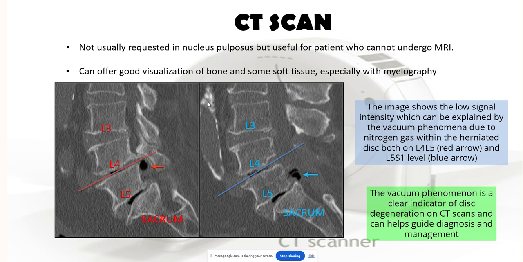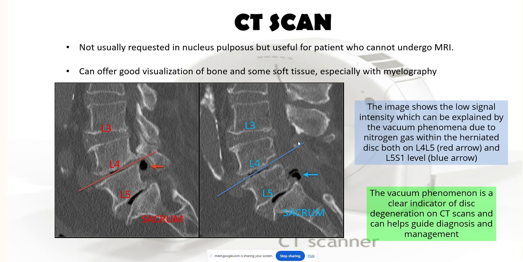For CT scan, it is not usually requested in viewing nucleus pulposus, but useful for patients who cannot undergo MRI. It can offer good visualization of bone and some soft tissue, especially with myelography.